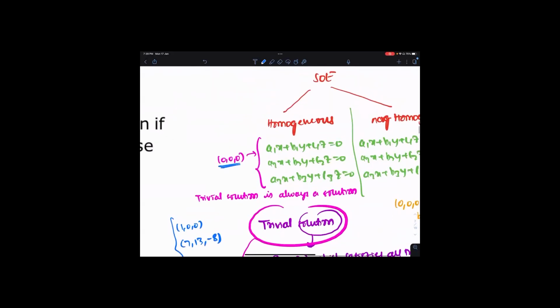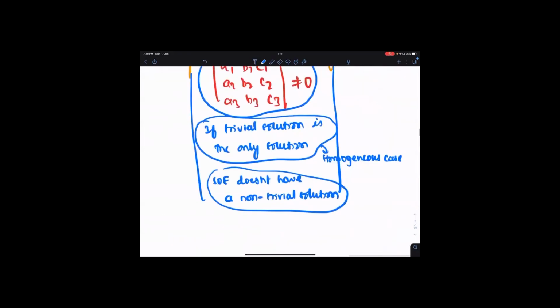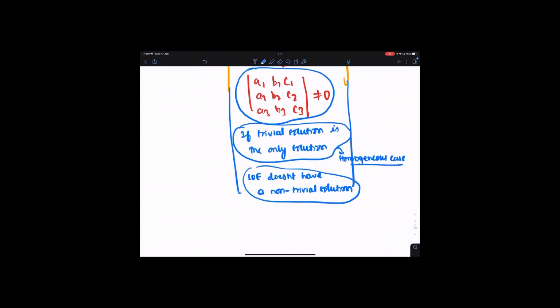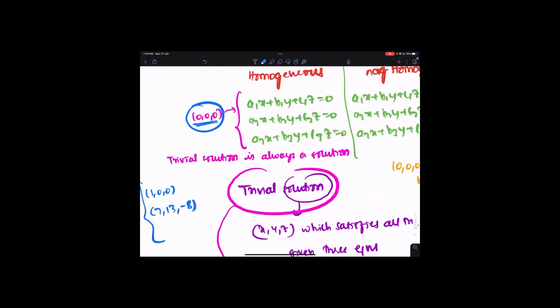Trivial solution is the only solution. That is meant by unique solution. Or in other ways, it doesn't have a non-trivial solution. Like that also the question can be asked. Doesn't have a non-trivial solution means other than 0, 0, 0, there is no solution for the system of equations. That means unique solution only. So that should be clear with the homogeneous case.